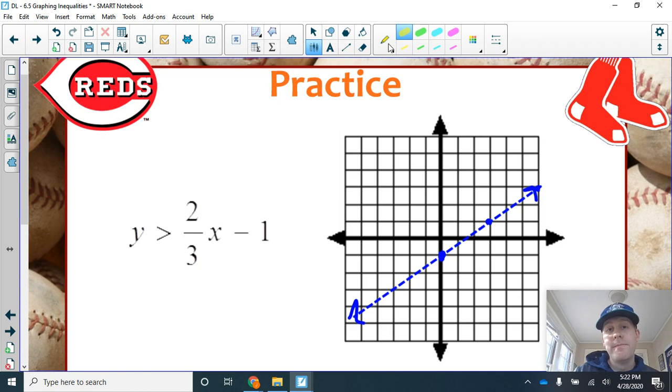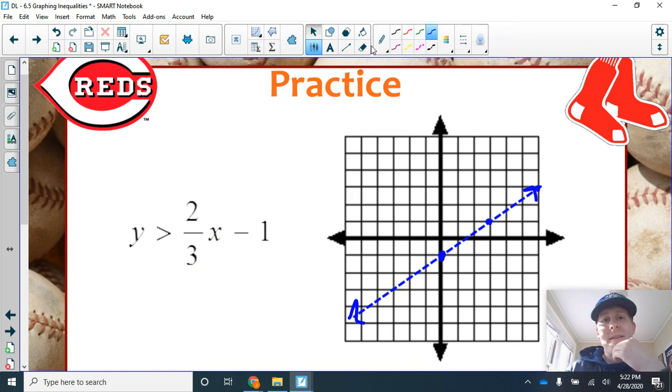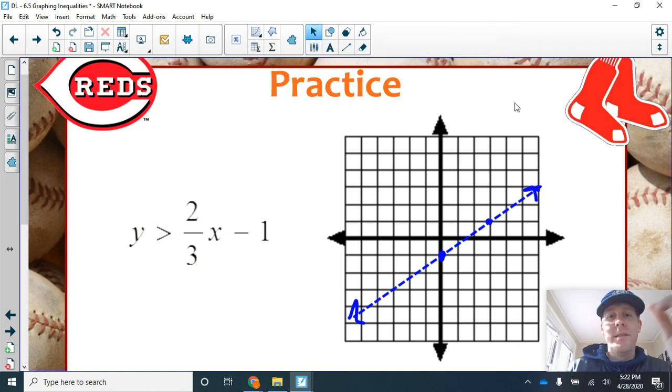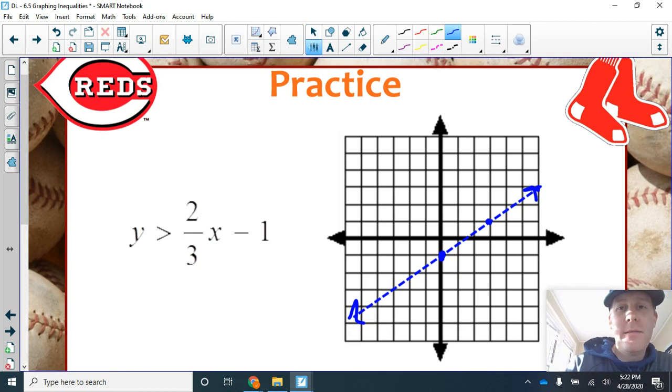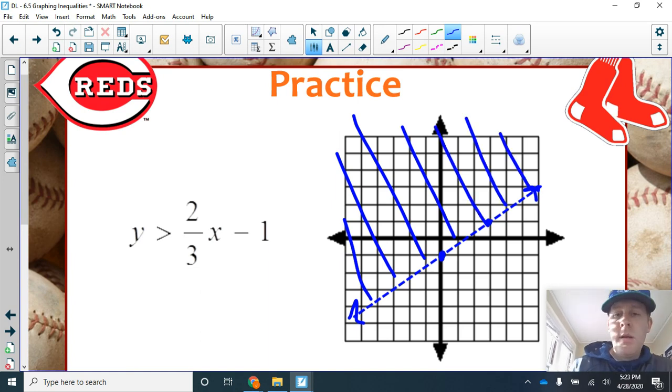It's going pretty slow. All right, let's try this again. Pen. All right, and just draw some lines like this, just to show me that you are recognizing that region as containing the solutions to this inequality.